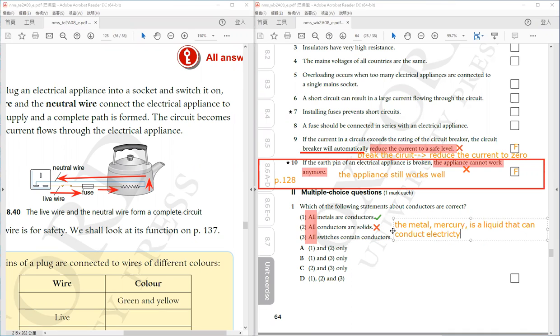Therefore, it's not a solid. Okay. All switches contain conductors. Yes. They contain conductors so that when they're switched on, they can form a closed circuit. Therefore, for this question, the answer is B, 1 and 3.